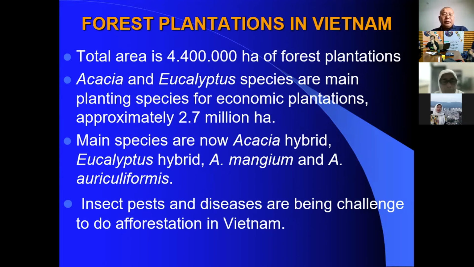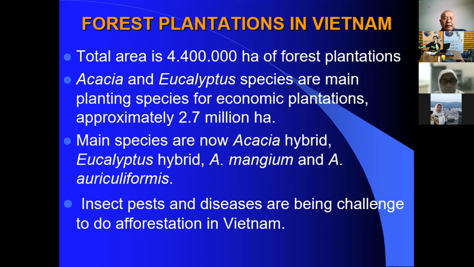The first, the forest plantation in Vietnam. At the moment, 2020, the total forest area is 4.4 million hectares of forest plantation. Acacia and eucalyptus species are the main planting species for economic plantation, approximately 2.5 million hectares.